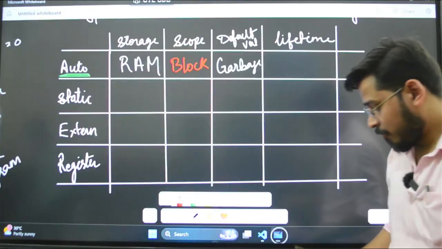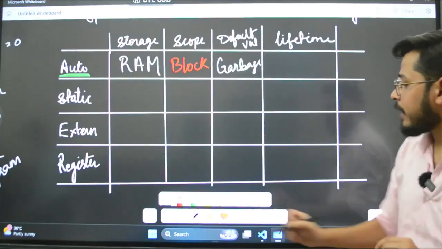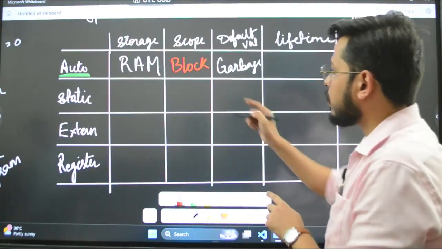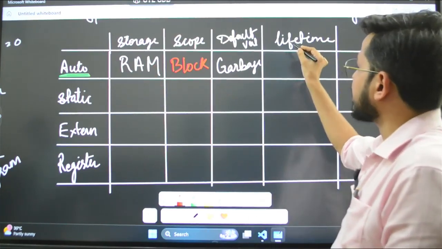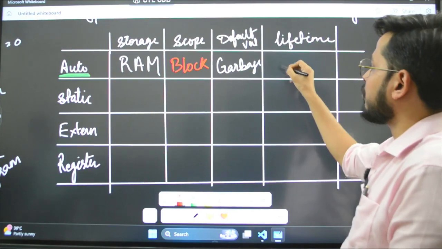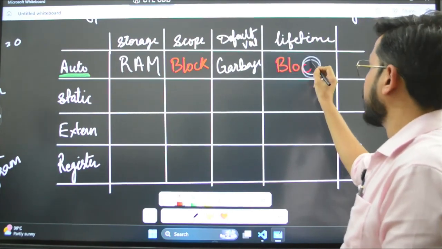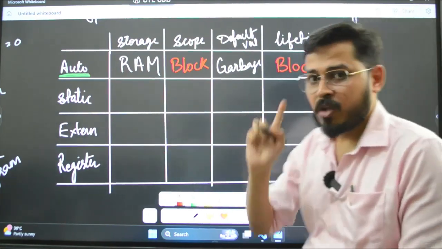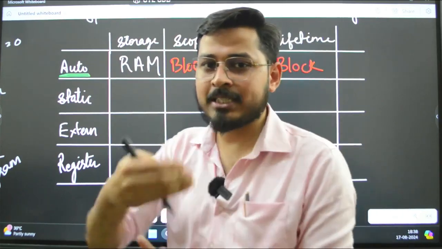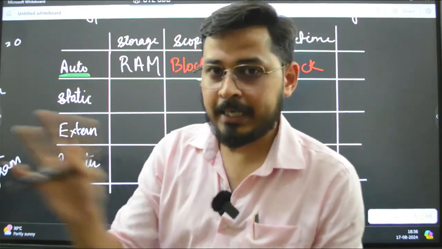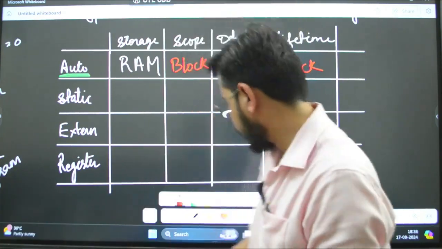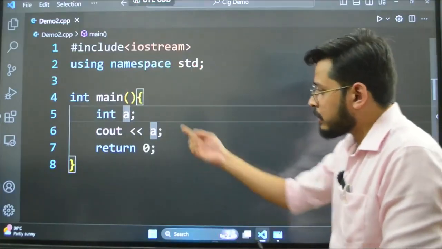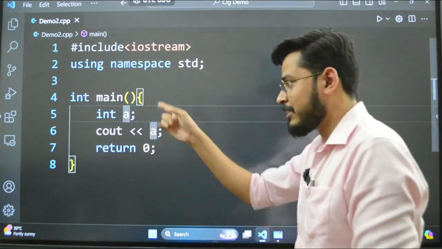Let me just finish this off first. I would say that the lifetime of an auto type of storage class variable will be block in this case. Block means as soon as that particular block gets executed once, it gets deleted from the memory, in whichever block it is written. For example, this int a is written inside the main block.